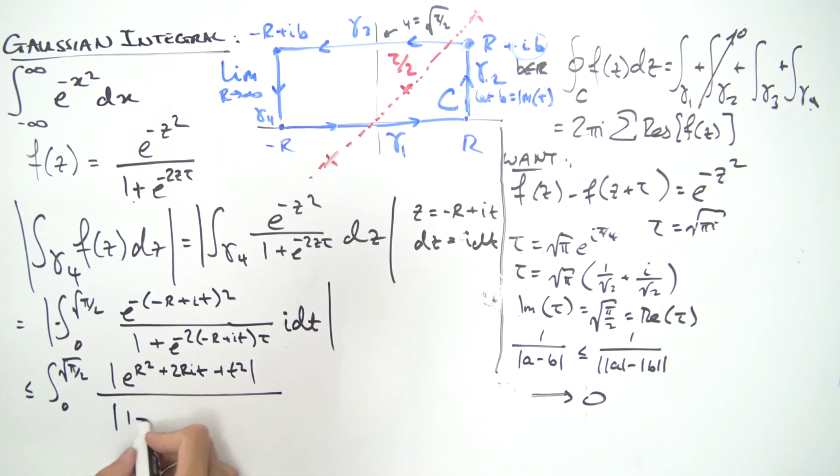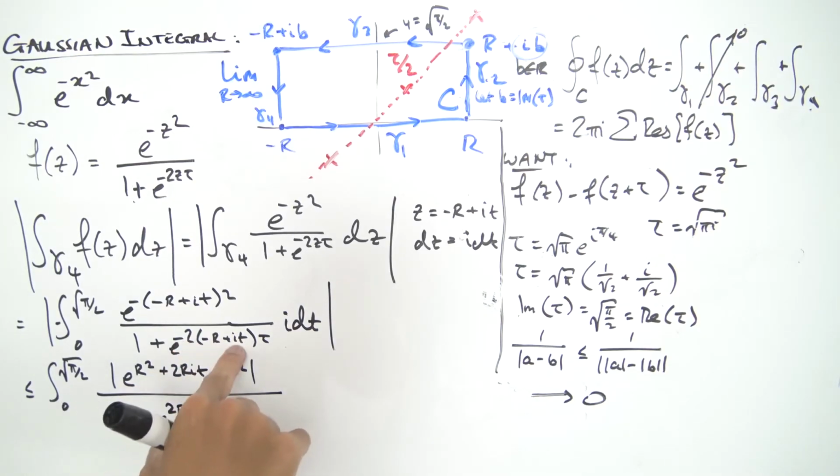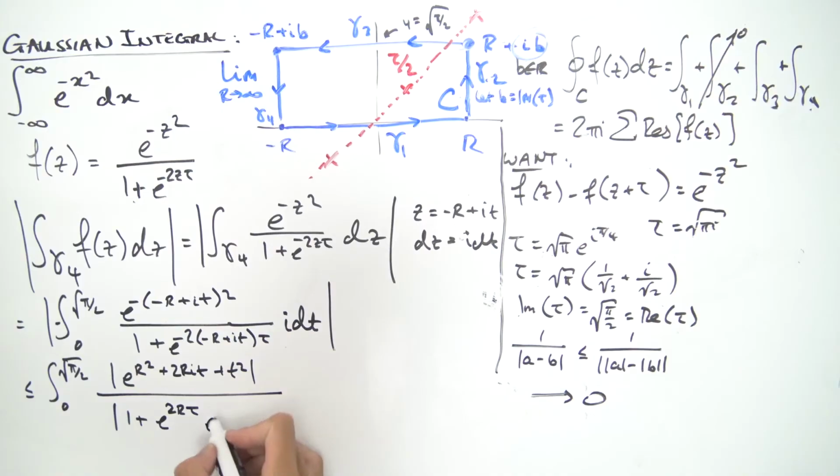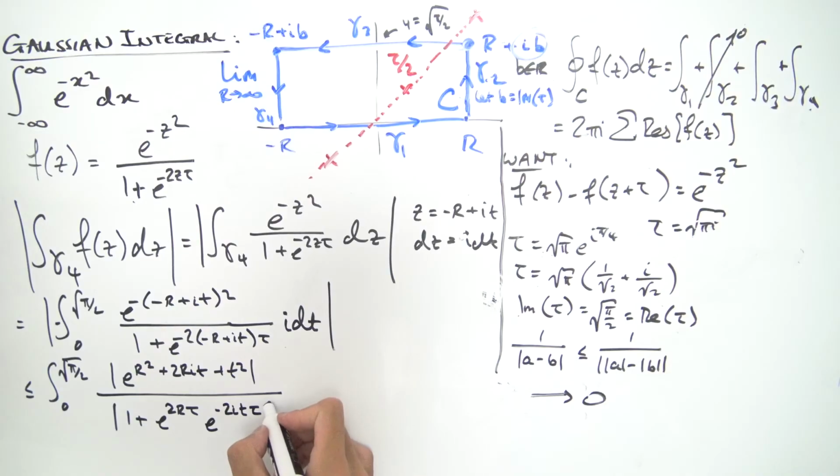That's going to be 1 plus, might as well expand things out over here, so we're going to have e to the 2 times r times tau. That's the first term in here. And for the second term, we're going to get e to the minus 2 times i times t times tau. That's a mouthful. That should be correct, and that ends the absolute value, of course.